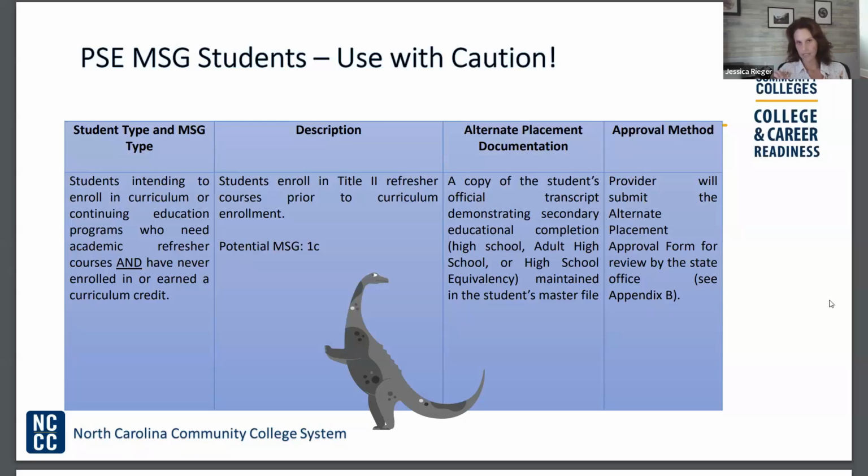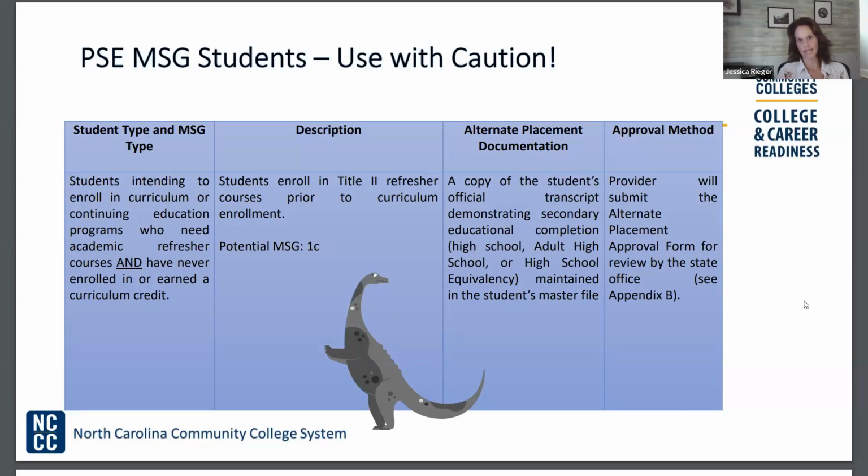The key to this, and why I say use this with caution, is that it has to be with students who have never enrolled in or earned a curriculum credit. So if you think about your early college students, your CCP students, if you have those folks come to CCR, they've already got college credits on their transcript.